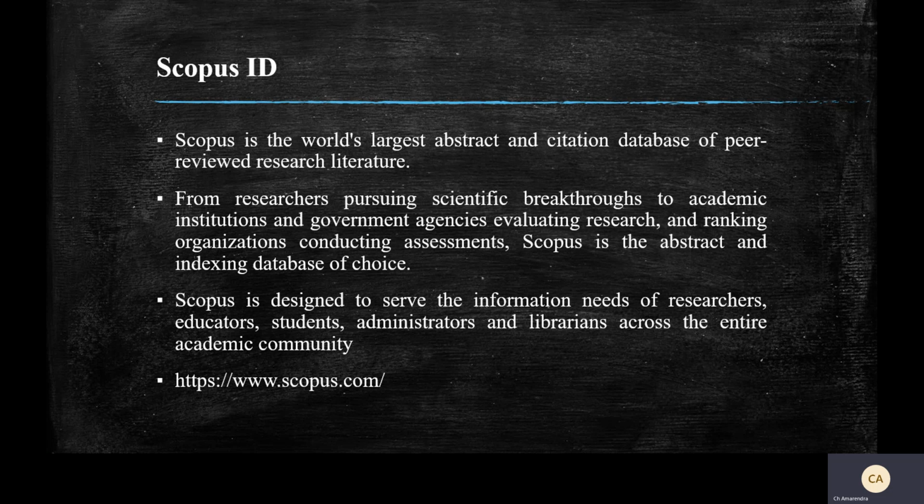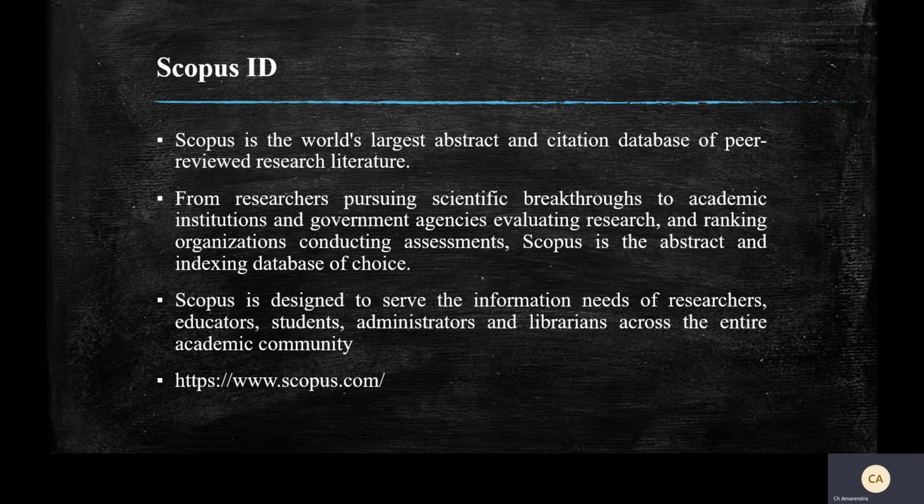They will give you Scopus indexing, and with that indexing only, the particular journal's articles will be linked. So if your journal is published in Scopus, that means the journal should be in the Scopus database. Then only that particular article will come into your Scopus ID.